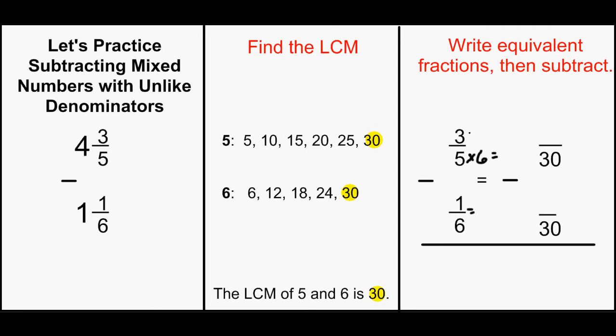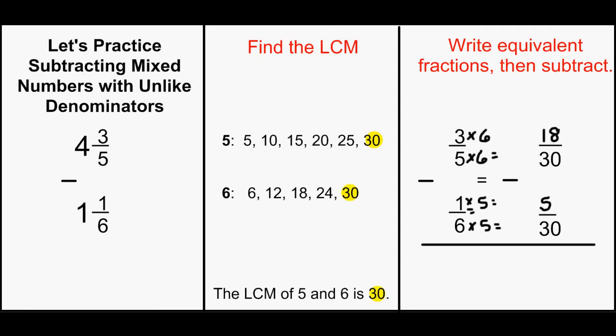So I multiply the top also by 6. 3 times 6 is 18. For the second fraction, I know that 6 times 5 equals 30. So on top, I will also multiply by 5. 1 times 5 is 5.